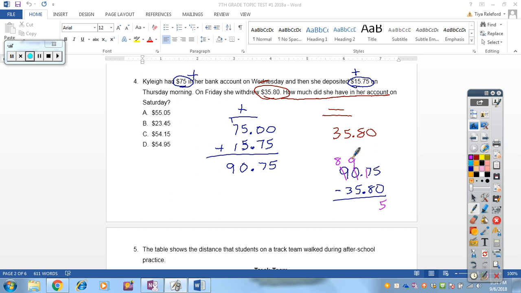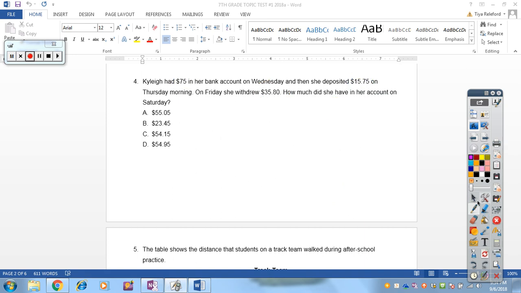Because you had to borrow, you had to go 2 over to borrow. All of these is if you made subtraction mistakes. So you've been subtracting for a long time, you just got to slow down. You know what you're doing, just go slow.